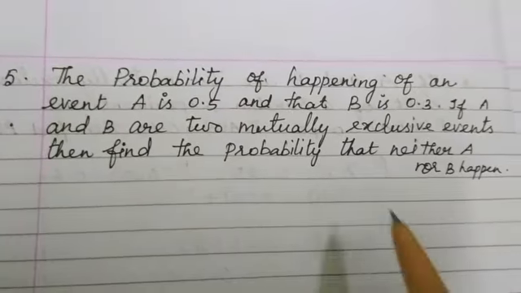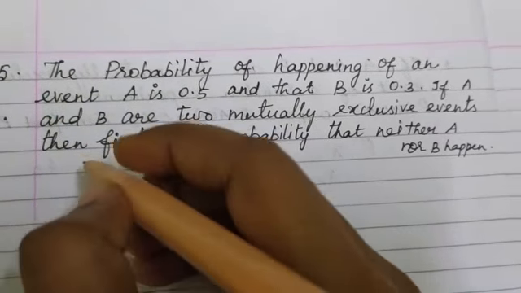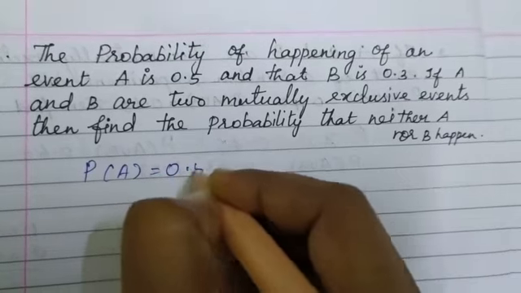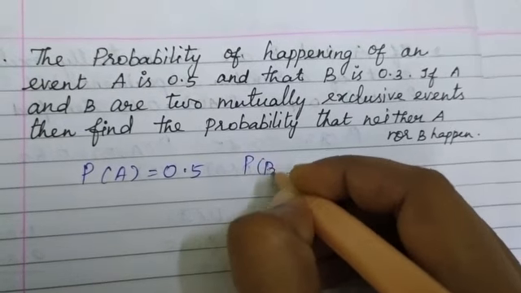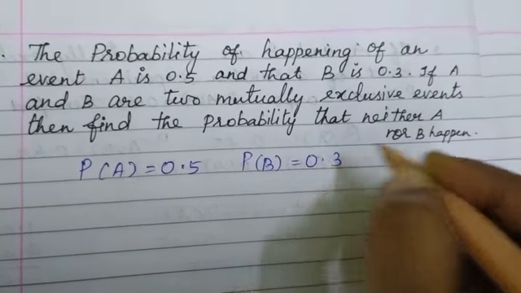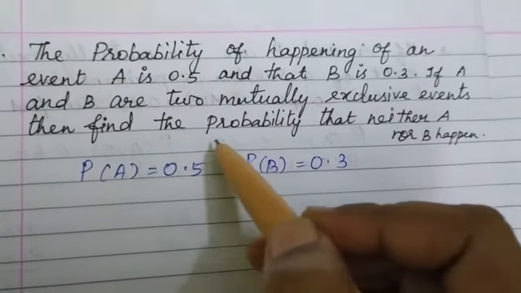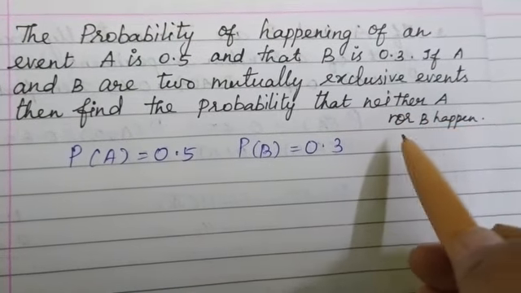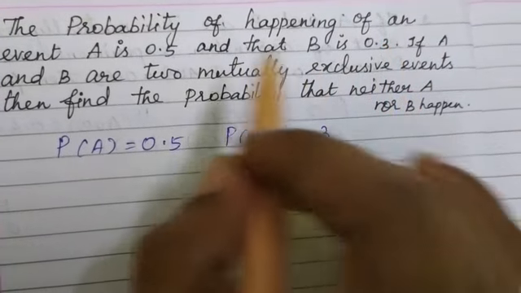Listen, next question. The probability of happening of an event A is 0.5, so P of A is equal to 0.5 is given, and that of B is 0.3, so P of B is equal to 0.3. If A and B are two mutually exclusive events, then find the probability that neither A nor B. Neither A nor B means A union B not.